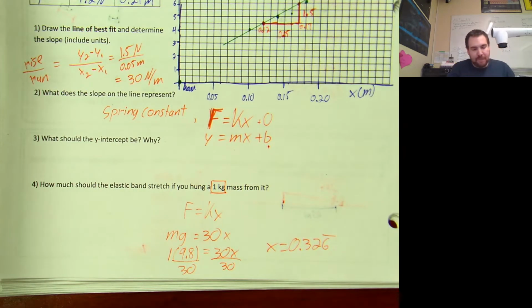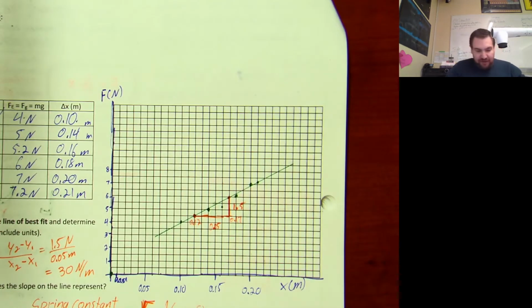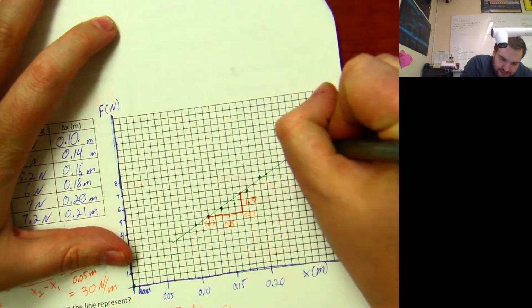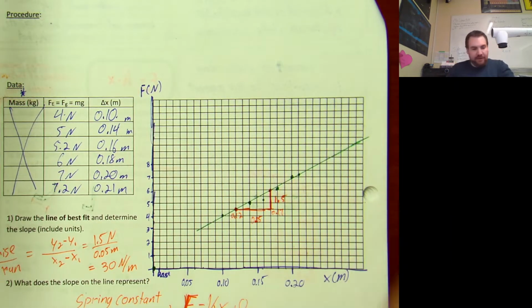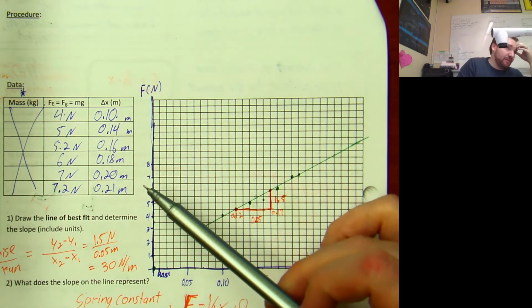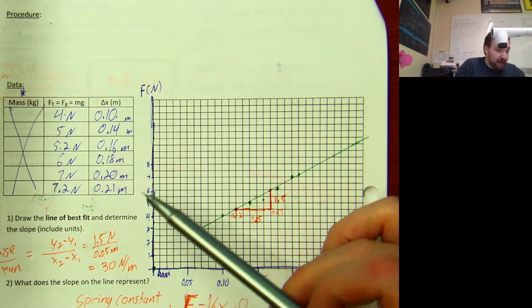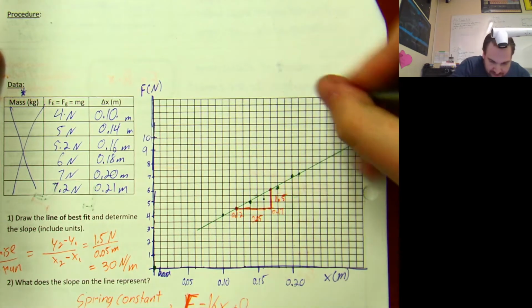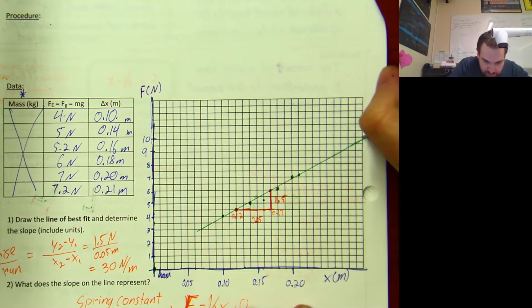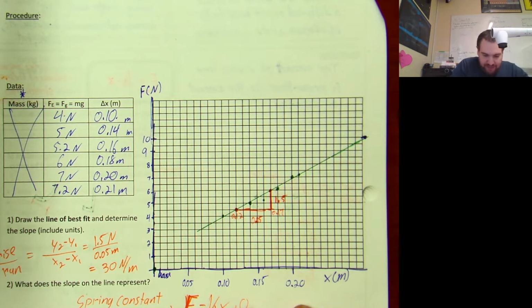Yeah, go for it. So, I mean, we could see that too. The other way you could do that is I could have extended my line of best fit, especially given the scale that Nea gave me. It would have worked really well because 1 kilogram, wow, where did my blue pen go? 1 kilogram is how many newtons? 9.8. So there's going to be 9, there's going to be 10, and this value right here is where this thing would connect. 1, 2, 3, 4, 5, 6, 7, 8, 9.